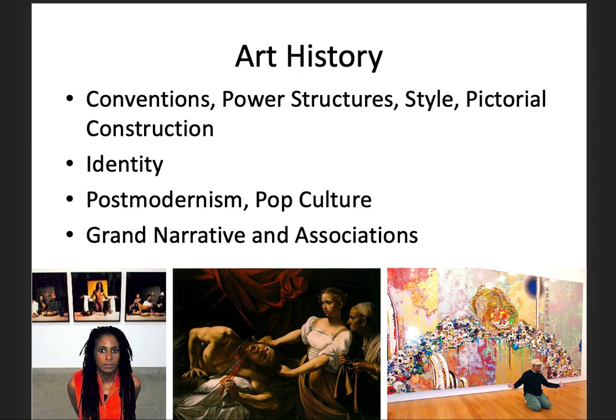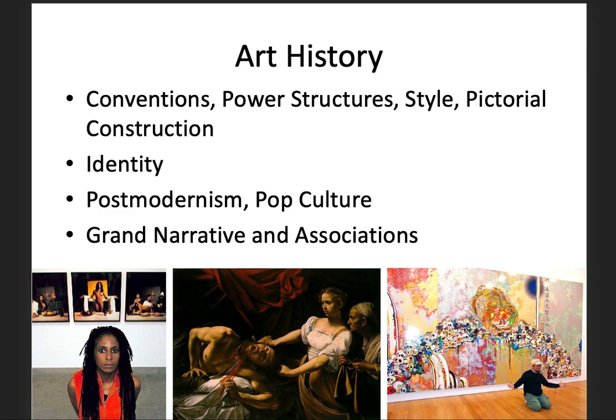So in art history, we have to kind of negotiate a lot when dealing with content, okay? Content can be essentially the conventions that have been inherited, and of course, within those conventions, there are going to be power structures, right? In history painting, history is written by the winners, right?